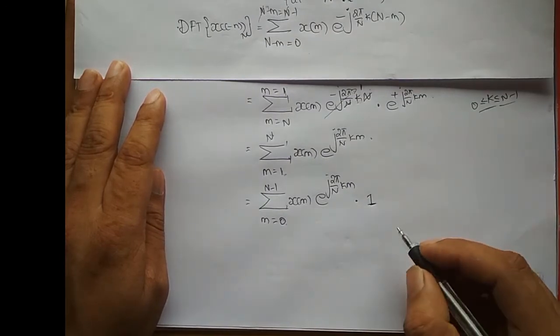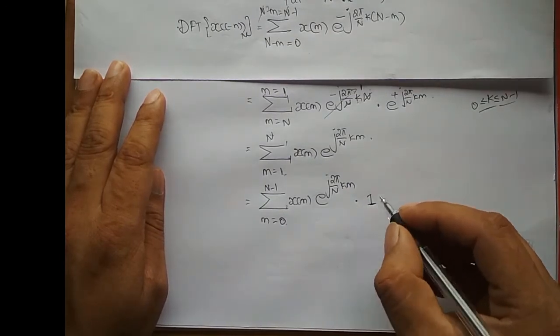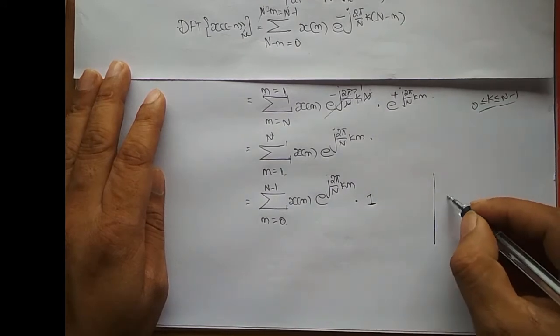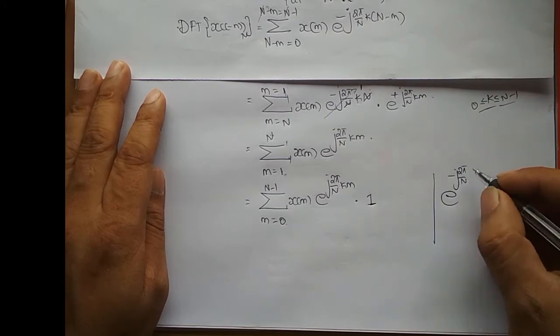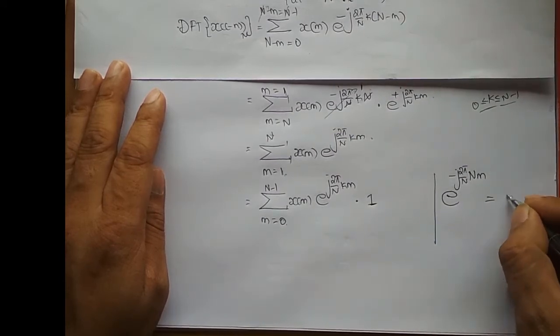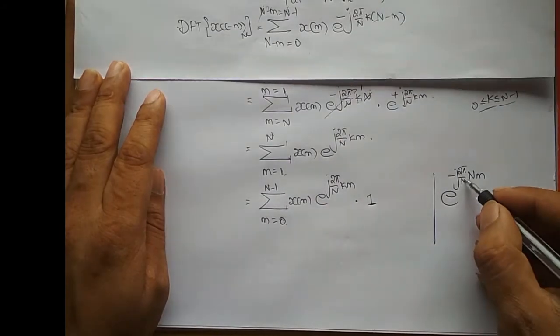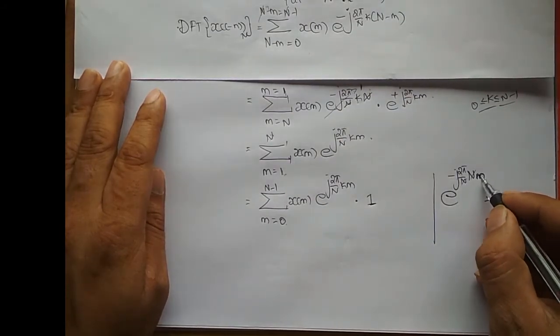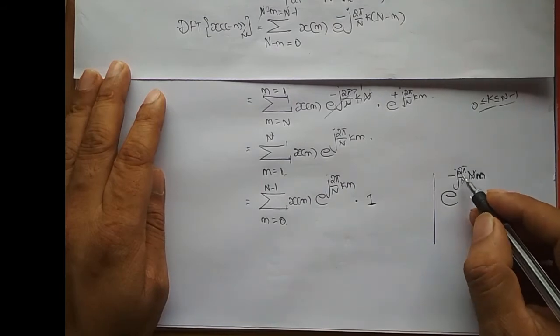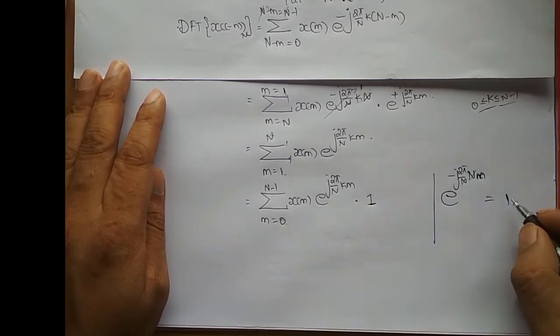Okay. Now, instead of writing 1 here, I can write e power minus j 2 pi by n into m. This is equal to 1, right? Why? Because n cancels out, again e power minus j 2 pi into m, where m is an integer, so an integer multiple of 2 pi in e power minus j will always be 1.